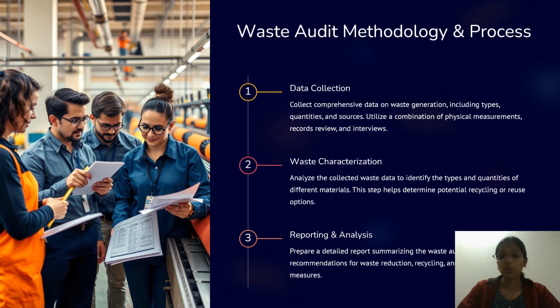Analyze collected waste data to identify the types and qualities of different materials. This step helps determine potential recycling or reuse options. Then I have reporting and analysis. Prepare a detailed report summarizing the waste audit findings and recommendations of waste reduction, recycling, and reuse measures.